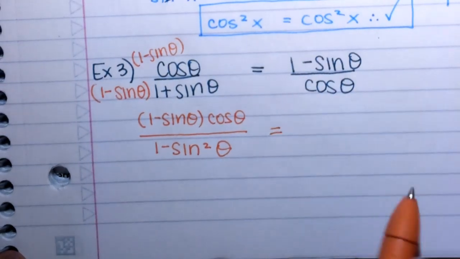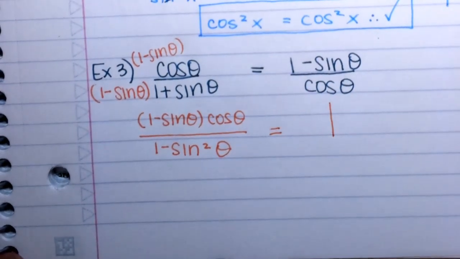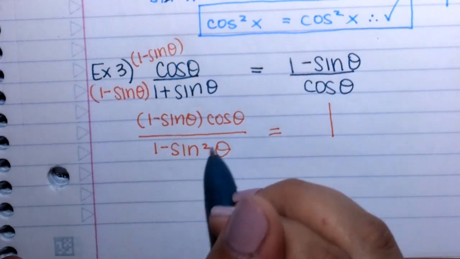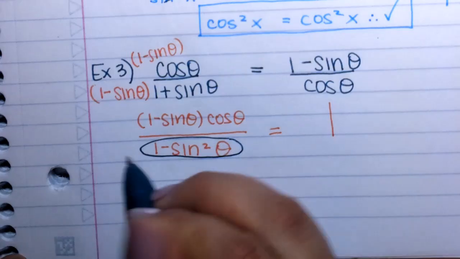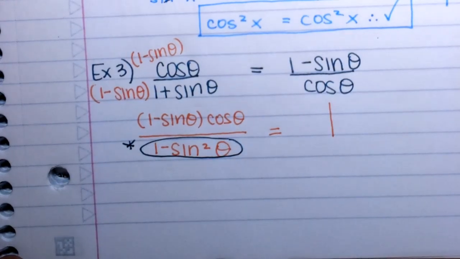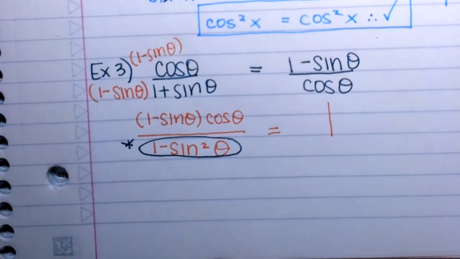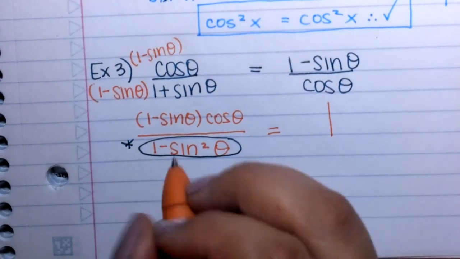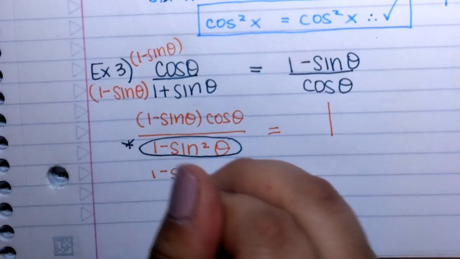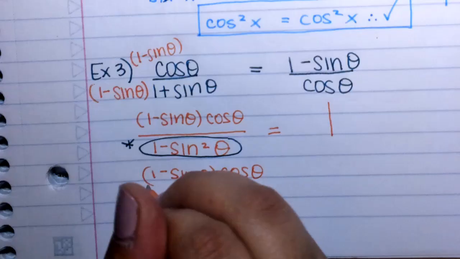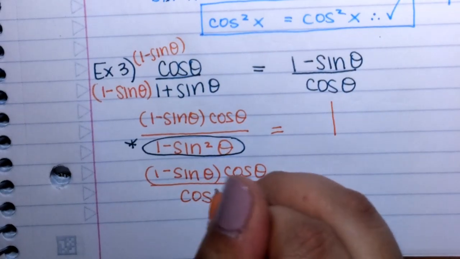And then again, I'm just going to do an equal sign with an arrow. Well, anything look familiar there? That 1 minus sine squared theta, almost always if you have a 1 plus or minus something squared, you're probably doing an identity. What is 1 minus sine squared theta going to be? Cosine squared theta.